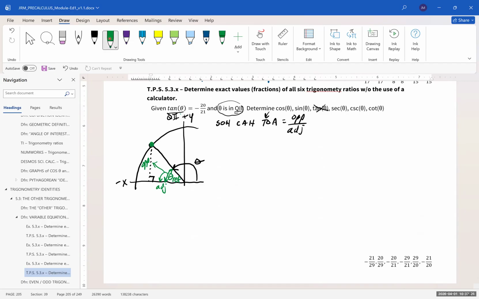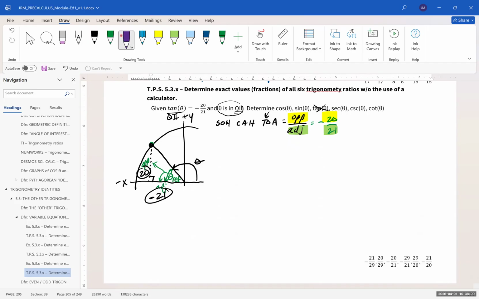What we're told here is that this is a negative 20 over 21. So the opposite side is 20, and the adjacent side is 21. Now I'm going to put a negative there just to help me remember.